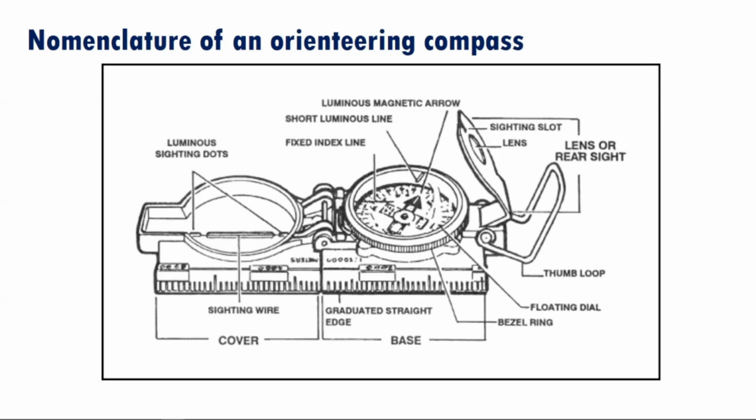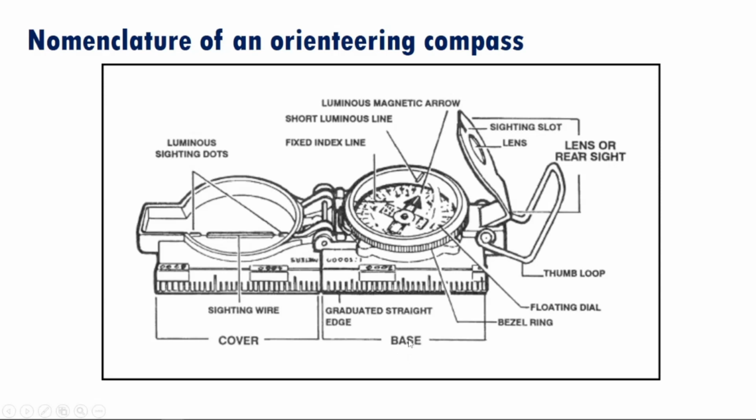So when you look at this diagram in front of you, first you have the cover of the compass. The cover mostly houses the sighting wire, and it also has the sighting dot, which sometimes illuminates.